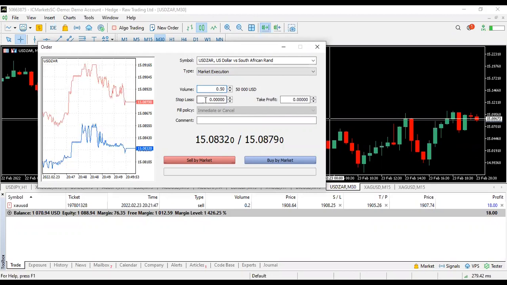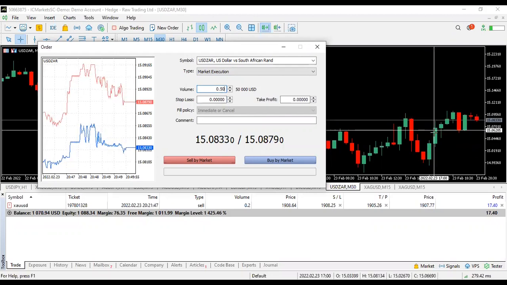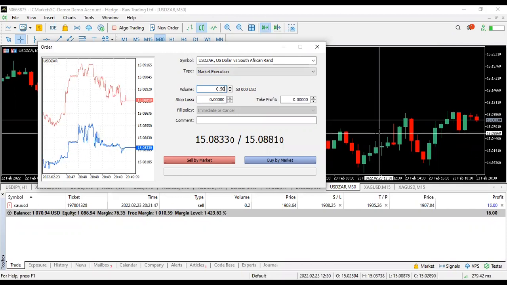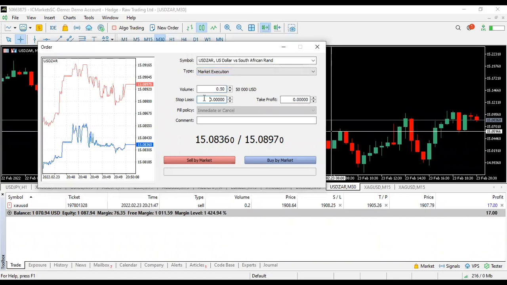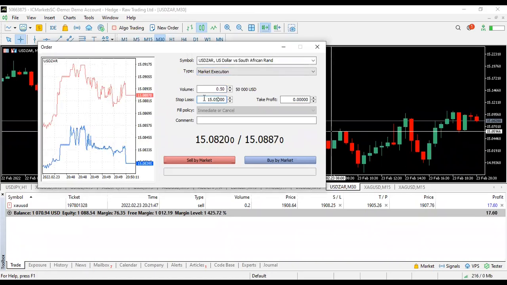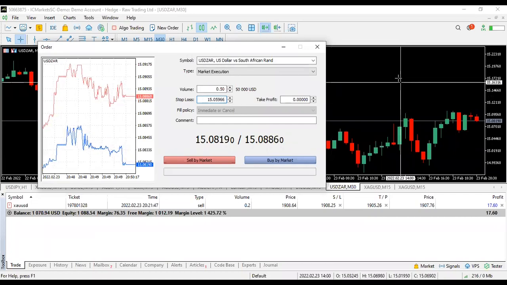Okay, our stop loss is going to be just below here, which means our stop loss is going to be 15.05966, and our take profit, let's say, is going to be just on top here.